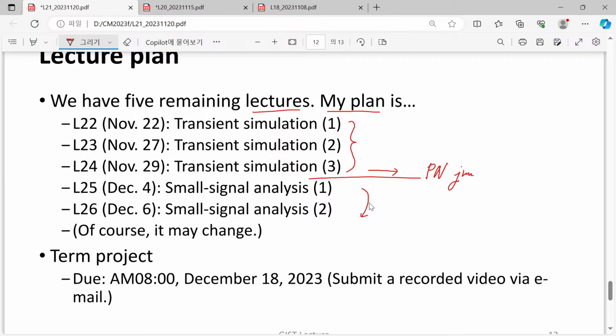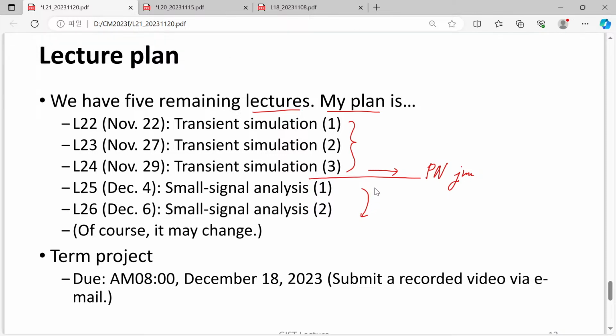This is particularly important when we consider problems like frequency domain analysis, or variability, or sensitivity. For those kinds of analysis, small signal analysis is fundamentally important.